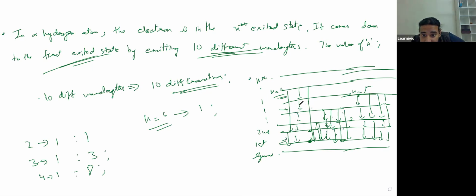So you have 1, 2, 3, 4, 5, 6, 7. Then you have 8, 9, and 10. 8, 9, and 10 will be this one. Yes. So that's why you'll have 10 different ways of doing the transition. So it's just drawing the thing and just adding them up. Does this make sense?